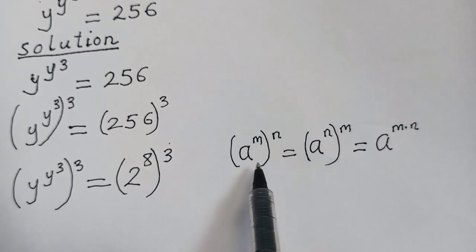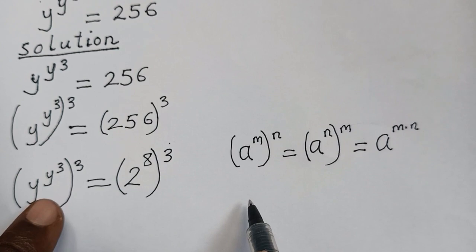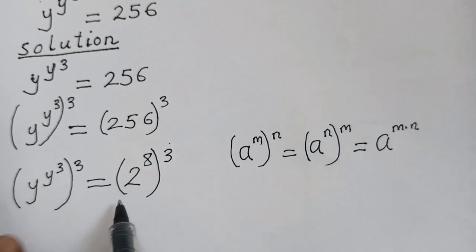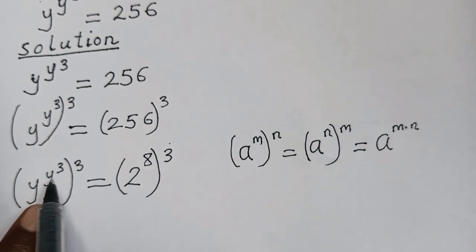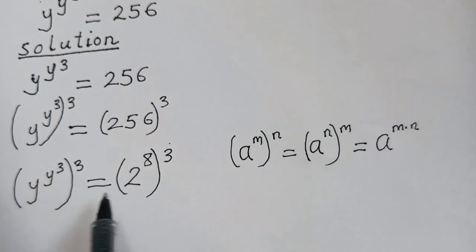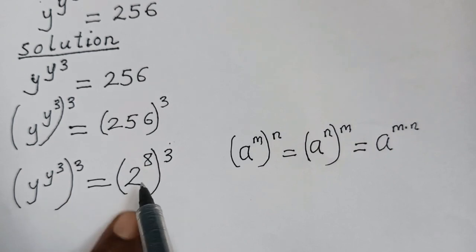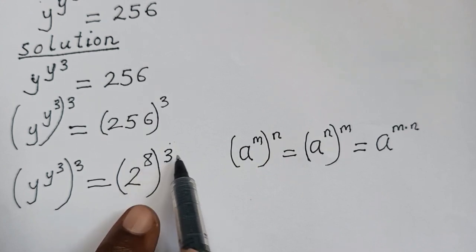In our case, on this side, a is y, m is y exponent 3, and n is 3. On this side, a is 2, m is 8, and n is 3.